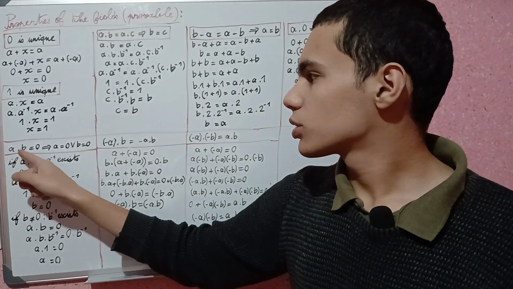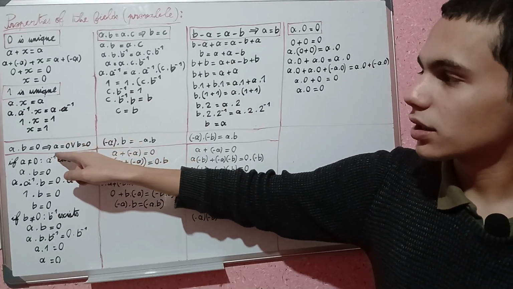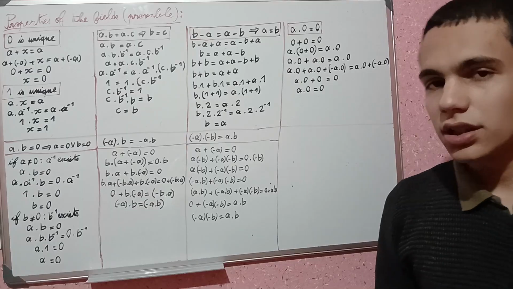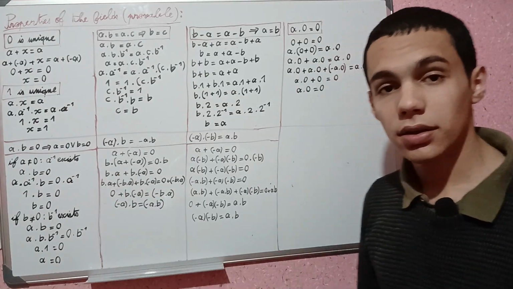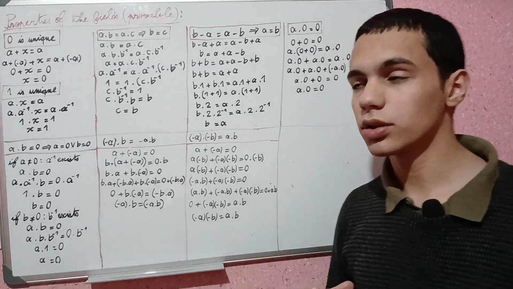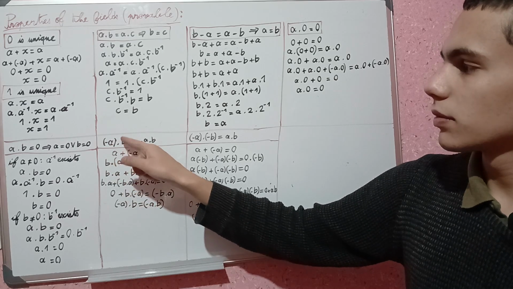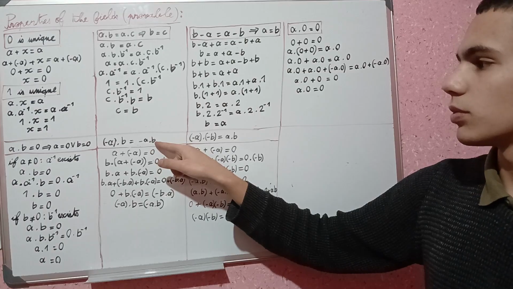Also, if a multiplied by b equals 0, that implies that a equals 0 or b equals 0. This is used a lot in polynomials, when solving polynomials that equal 0. Also, minus a multiplied by b equals minus of a multiplied by b.